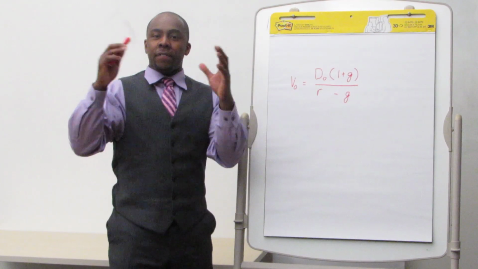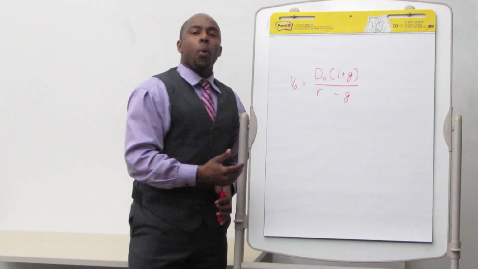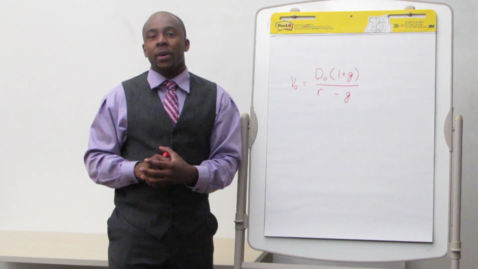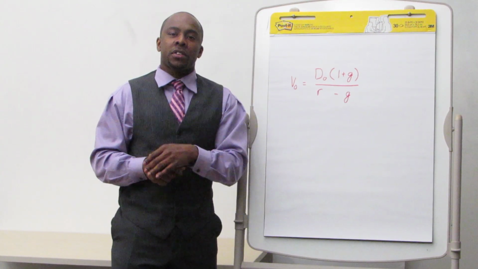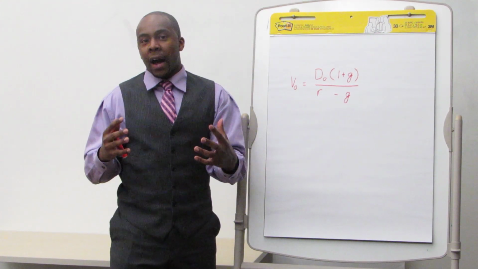Once you do your sensitivity analysis, you can see where the stock price is in the market versus what your assessment of value is. And that will allow you to make a better determination on whether to buy or whether to sell the stock.